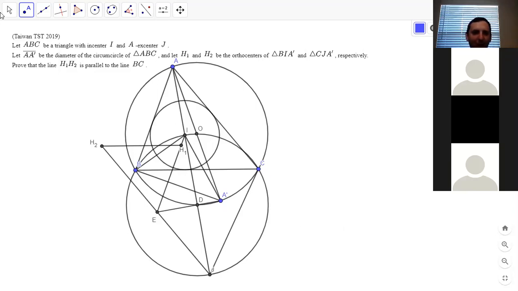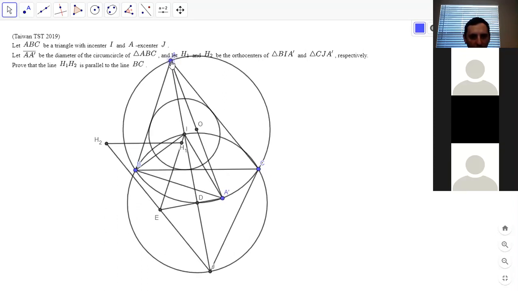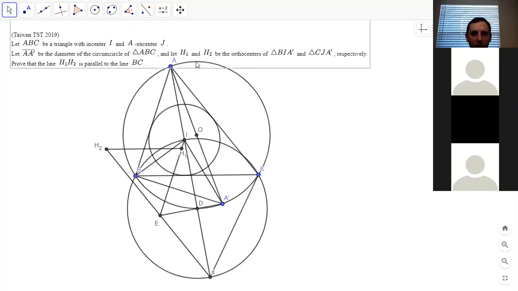It looks like this circle passes through O. I'm going to move it a little bit so it doesn't look like that. Let's see.